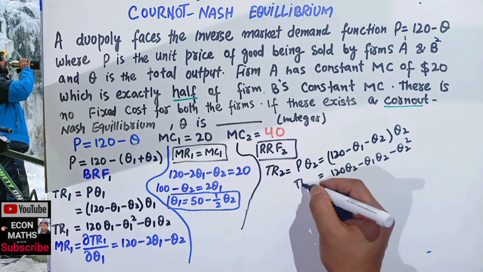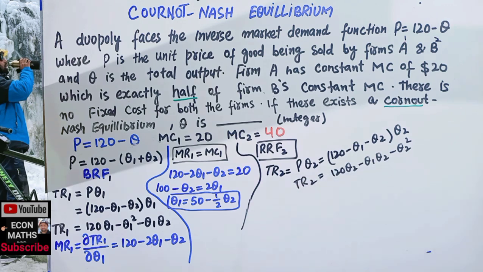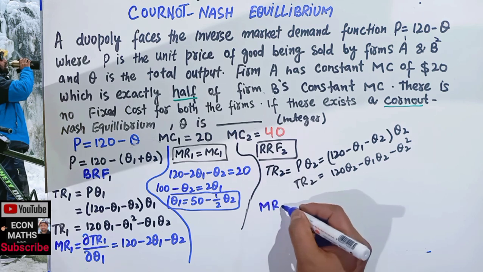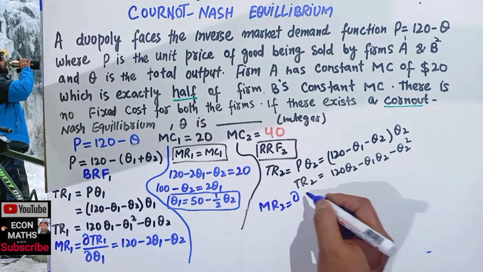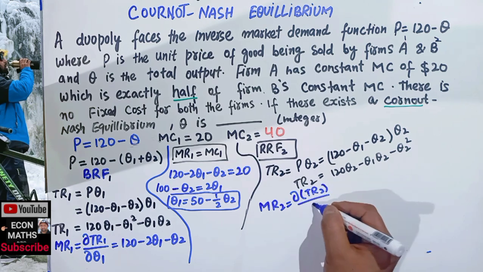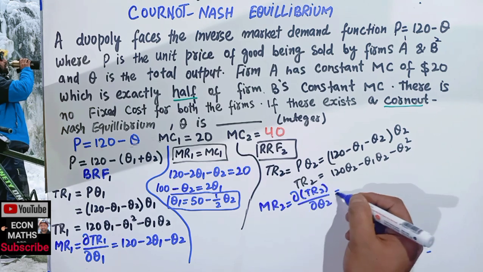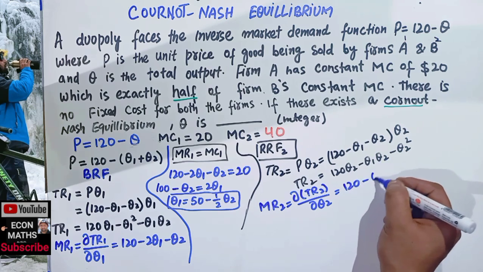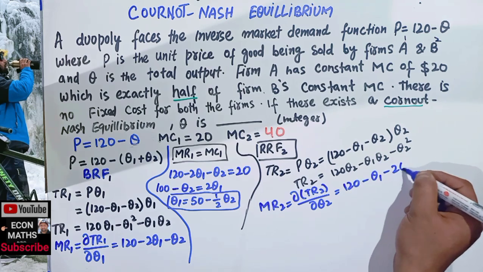This is our total revenue function of firm 2. Now what will be the marginal revenue? Marginal revenue of firm 2 will be the partial derivative of the total revenue function of firm 2 with respect to Q2. So we have 120 minus Q1 minus 2Q2.